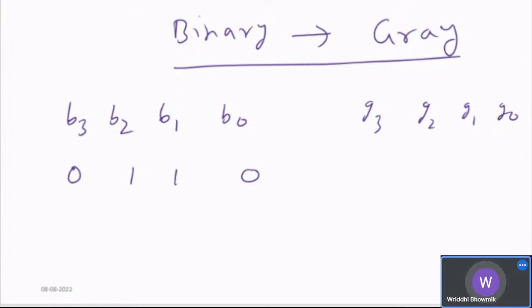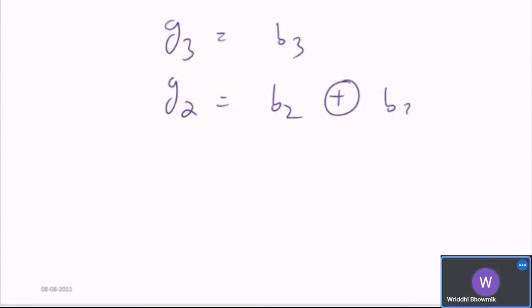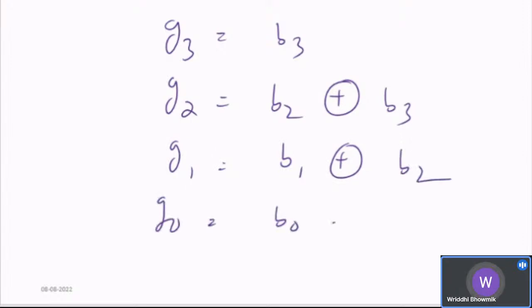So in case of gray code, what is the formula? G3 will be B3, G2 will be B2 exclusive or B3, G1 will be B1 exclusive or B2, and G0 will be B0 exclusive or B1.